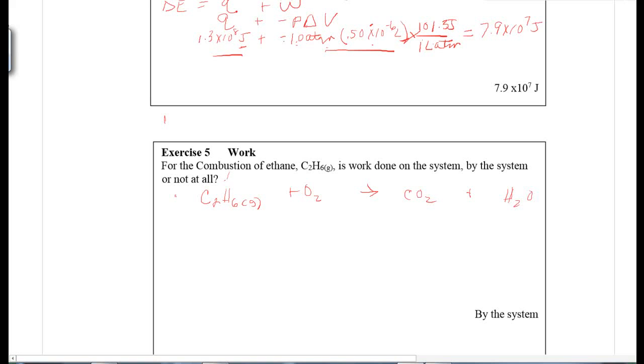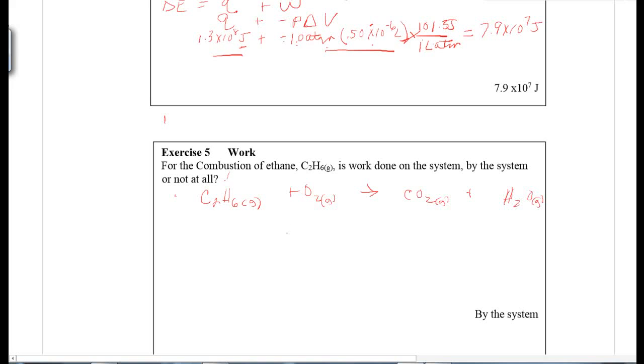So I have to figure out what's happening with the volume of gases. These are all gases, right? And if they're gases, I have to figure out whether I have more gas or less gas at the end, so I can know whether the work is going to be expansion or compression.